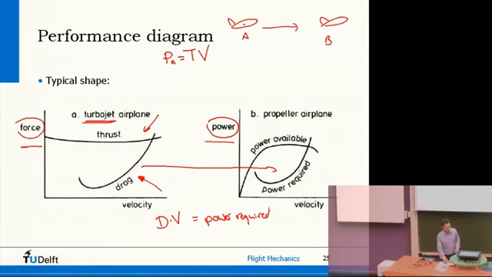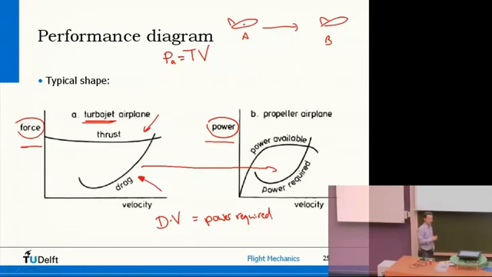So then if you would draw it as a function of power, so power versus airspeed, then all you do is you take this aerodynamic drag curve multiplied with airspeed, then it gets tilted a little bit, but you get a curve with more or less the same shape on the right hand side.